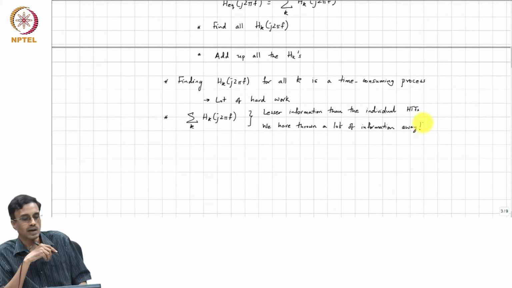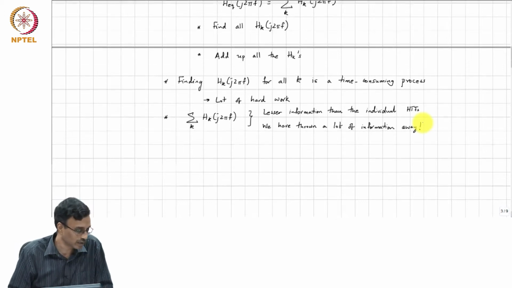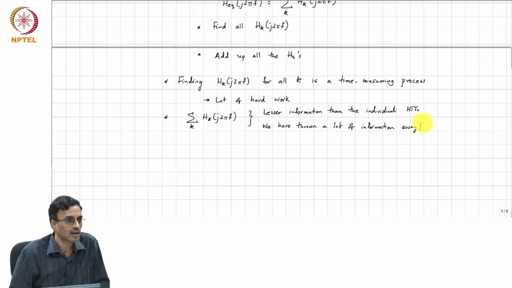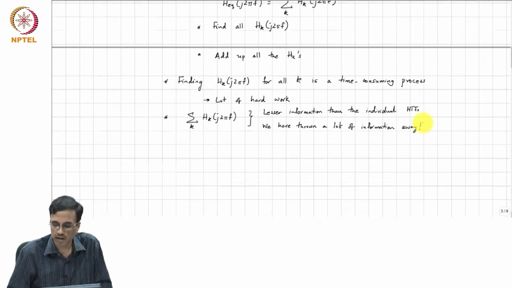Right. So, clearly if we are only interested in the sum of the harmonic transfer functions, it is evidently not a very useful thing to do, right. It is not a smart thing to do.